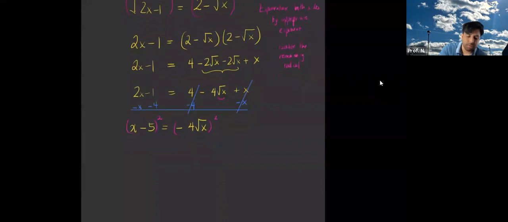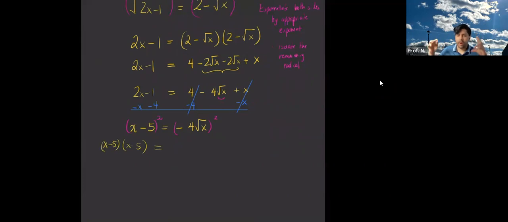And when I do so, what do I get on the left? X minus 5 squared is x minus 5 times x minus 5. And negative 4 rad x quantity squared, I take negative times a negative to positive. 4 times 4, or 4 squared, right? You can do this like this as well. You can take this negative 4 and square it, take rad x and square it.